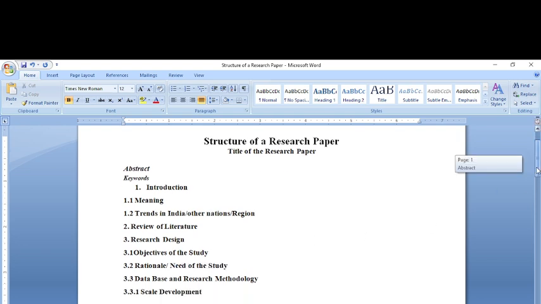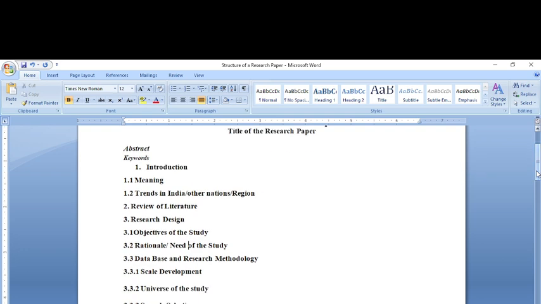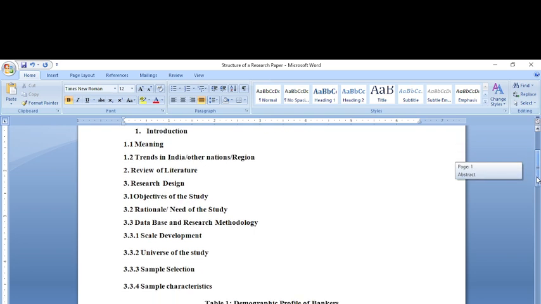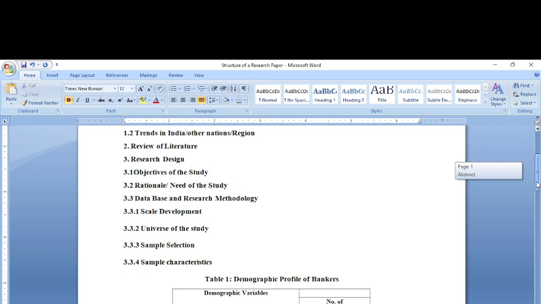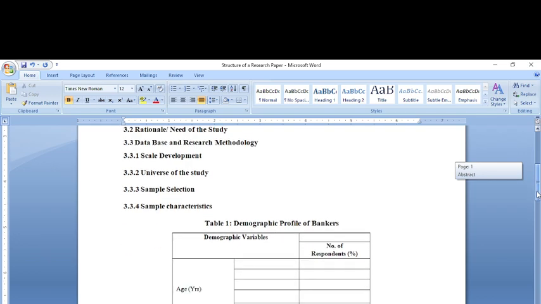Then another subpoint in the research design is database and research methodology. Database and research methodology would further cover the scale development, the universe of the study, the sample selection, and the sample characteristics.